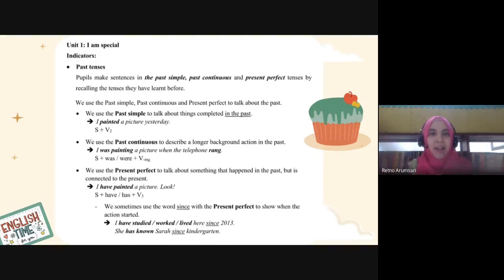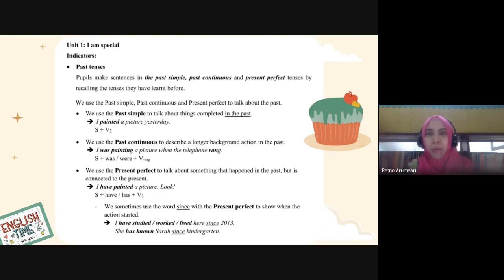Okay, 6C. Now, past continuous. Past continuous is often used together with past simple to show the longer action. Past continuous is the longer action, past simple is the shorter action. Like this: I was painting a picture when the telephone rang. Had you finished painting the picture when the telephone rang?